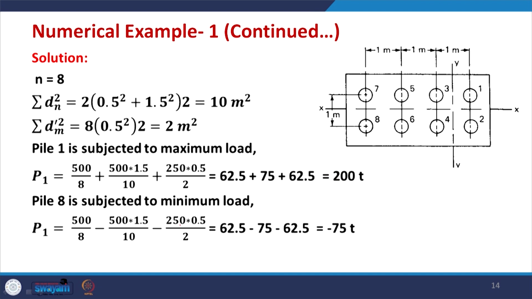If I use the minus sign, you get minus 75 ton. The negative sign shows that this is basically uplift. Sorry, this will be pile 8, so P8 is minus 75 ton, which is uplift.